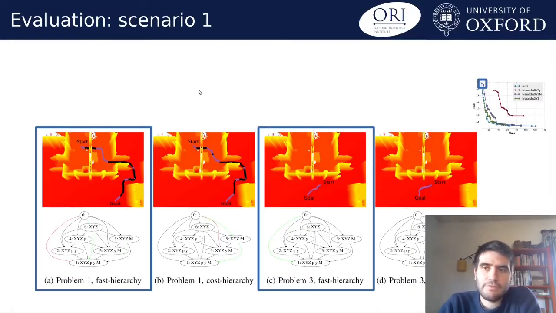So here are a few examples. If you look at this extreme of the Pareto curve, what our method finds is a strategy where first you try to compute a plan very quickly in the full space, and if that fails, you try to plan a position for the robot and then use that to compute the final plan.